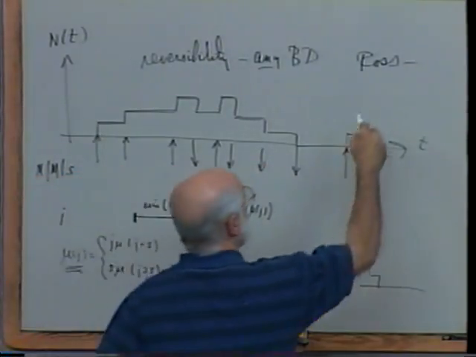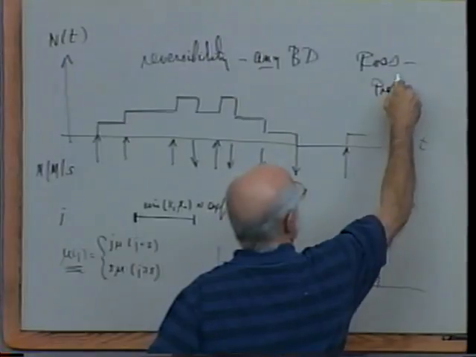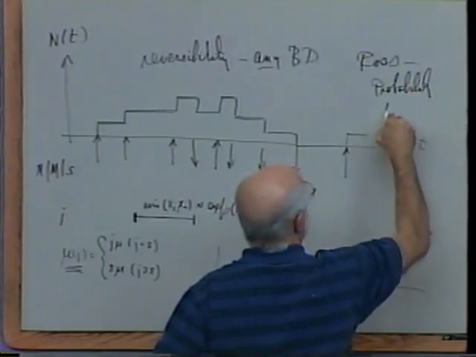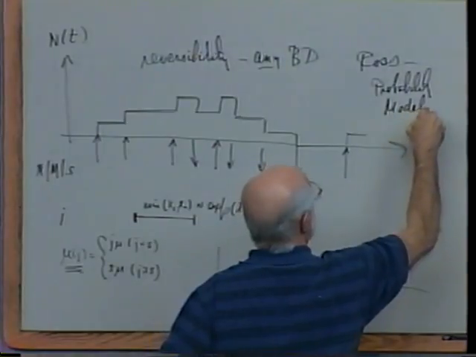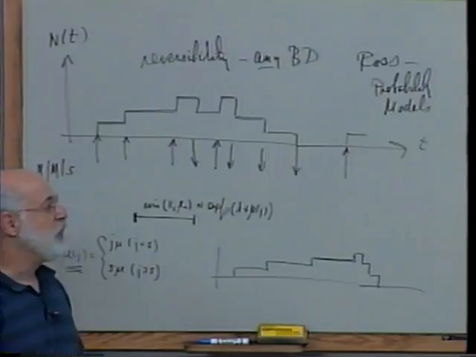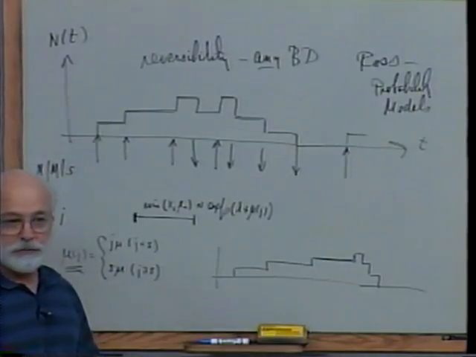Probability Models, I believe. It's sort of an intermediate level book that bridges the gap between ordinary elementary probability and stochastic processes.